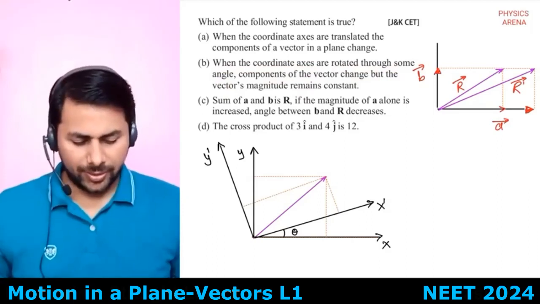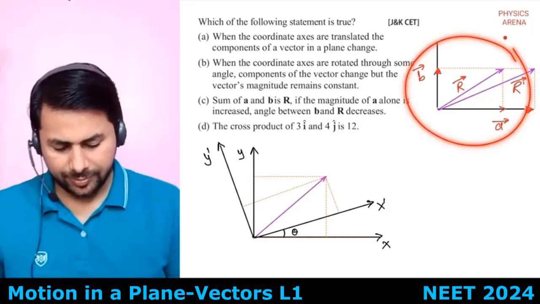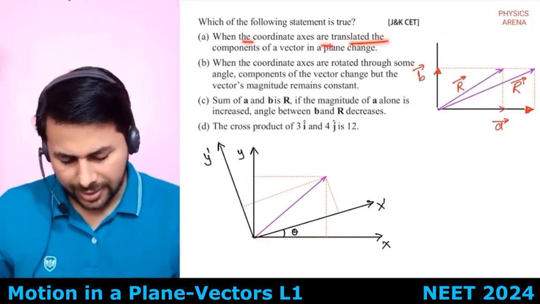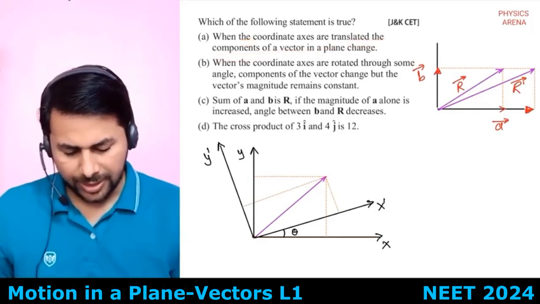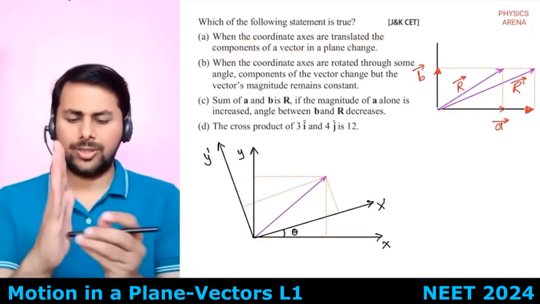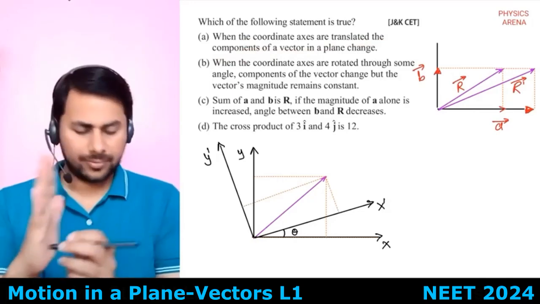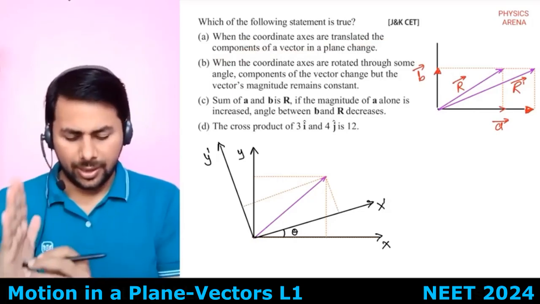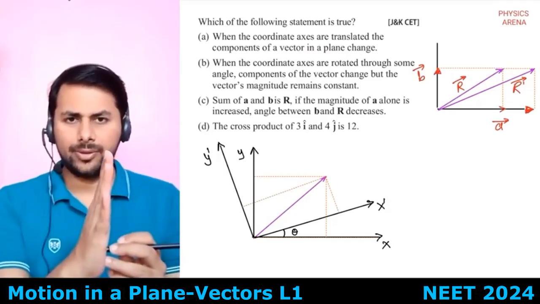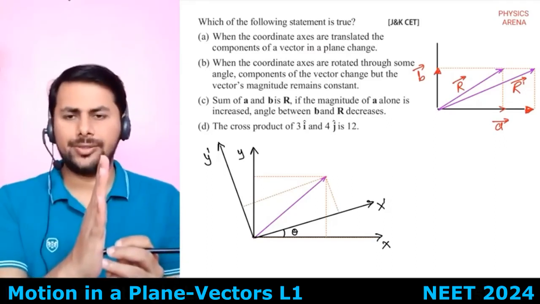Correct. See, I have drawn it here. When coordinate axes are translated, components of a vector in a plane change. So actually, if you have these two coordinate axes and you translate them, translate means you move them, will the components change?